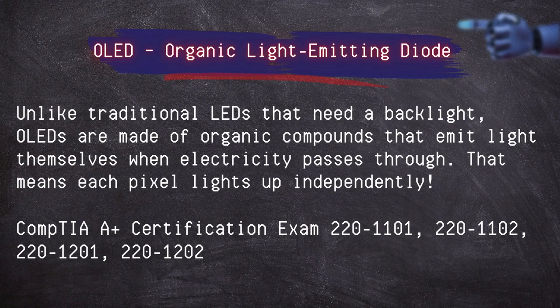OLED, or organic light emitting diode. Now, unlike traditional LEDs that need a backlight, OLEDs are made of organic compounds that emit light themselves when electricity passes through. That means each pixel lights up independently.